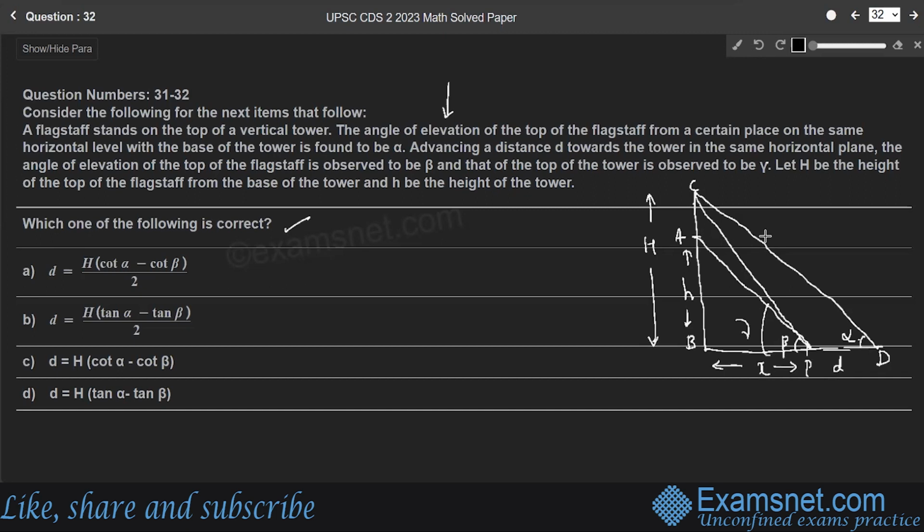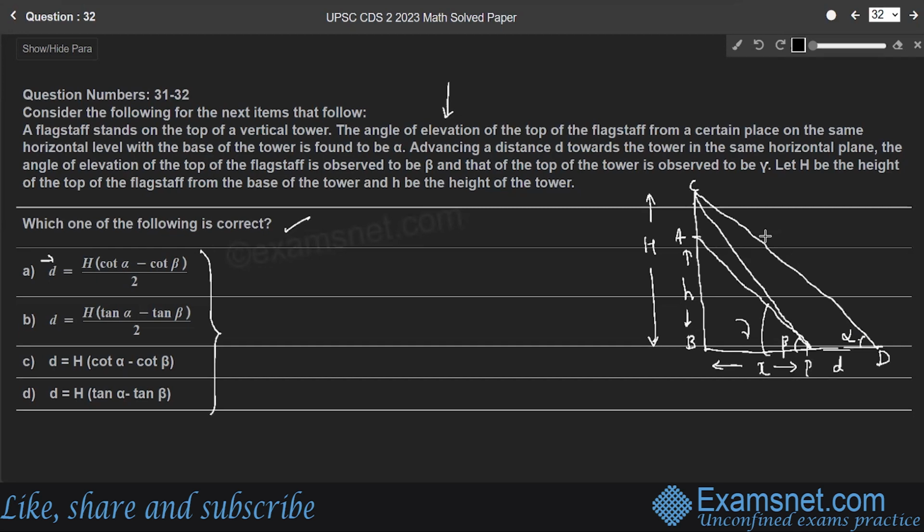Now the option which relates cot alpha and cot beta, according to the 4 options, gives relations between cot alpha, cot beta, tan alpha, tan beta. In each option, the value of d is given, where distance d is PD. So we'll take cot alpha, cot beta and tan alpha, tan beta first.